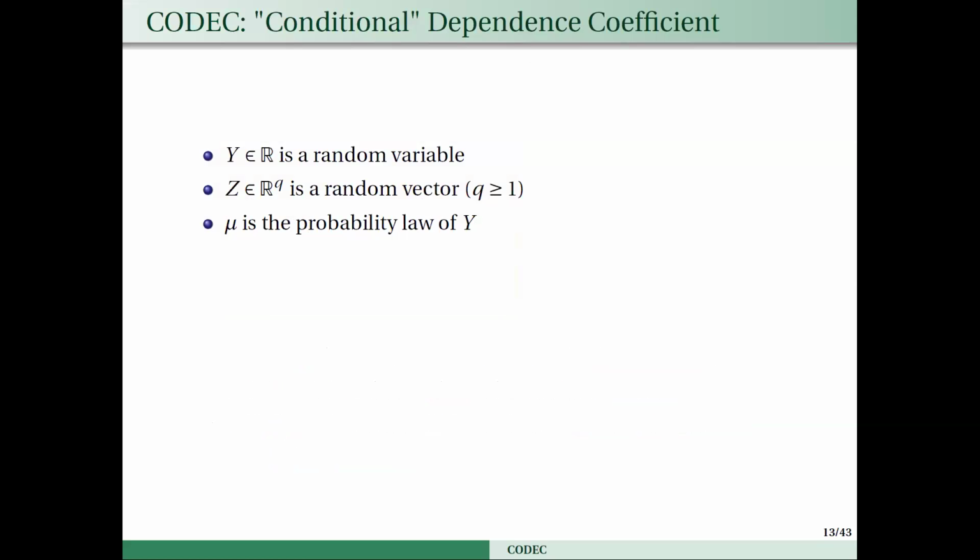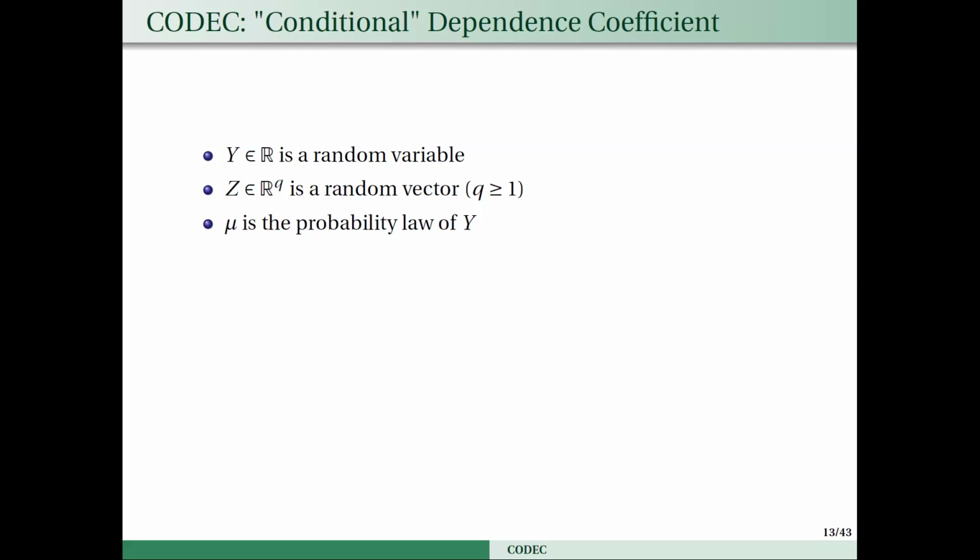Now, with these requirements of Rényi, I want to introduce our measure. I start with the simple case where there is no conditioning involved, because carrying the intuition of the definition is just easier. And then I will go to the conditional case. So for the start, we have y, which is a one-dimensional random variable. We have z, which is possibly higher dimension, so q-dimensional, and mu, which is the probability law of y.